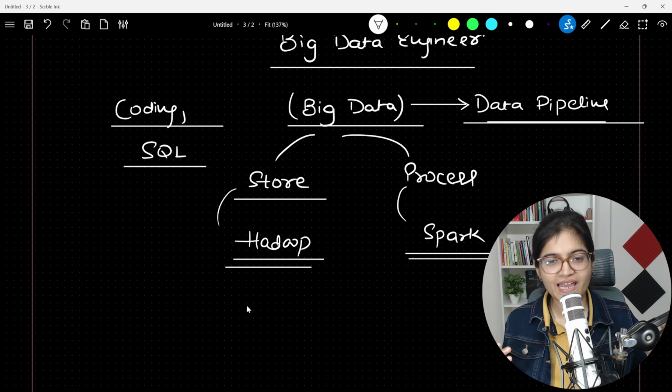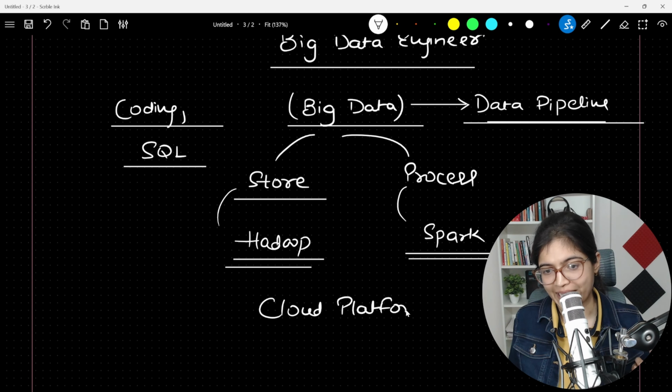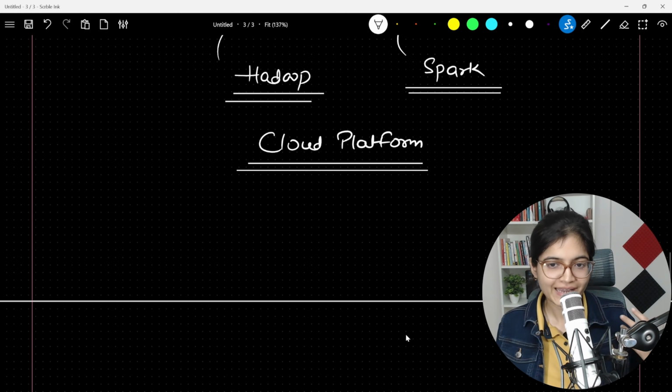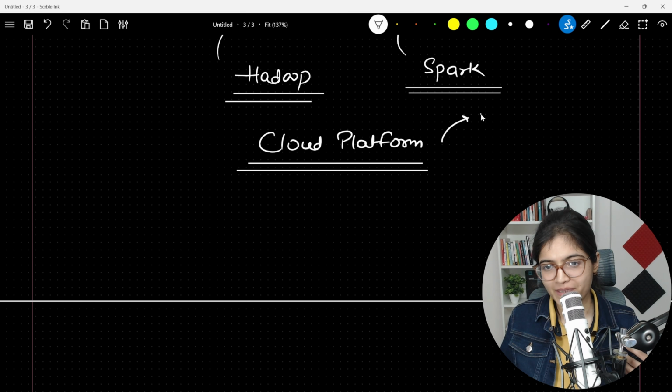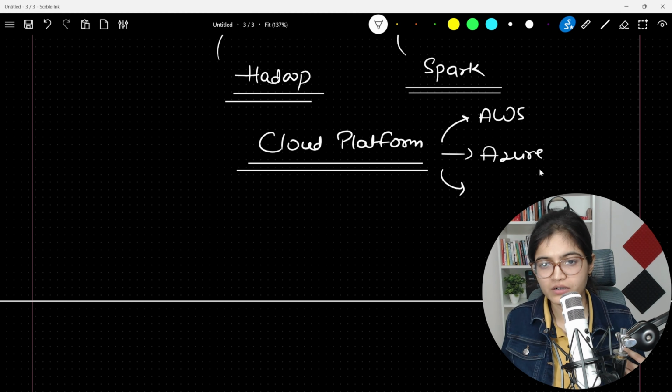Apart from this, nowadays companies are moving towards cloud platforms. When you are applying for a data engineering job role, you should be aware of at least one platform, maybe AWS, Azure, or GCP, developed by Amazon, Microsoft, or Google.